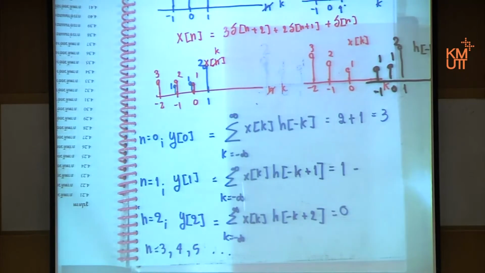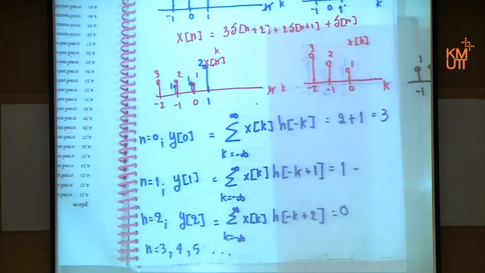คุณ shift ไป 3 unit. The red one and the black one do not overlap, right? So the result of multiplication will return 0 everywhere. When n equals 4, it means that you shift the black one by 4 units. It will be 0, right?